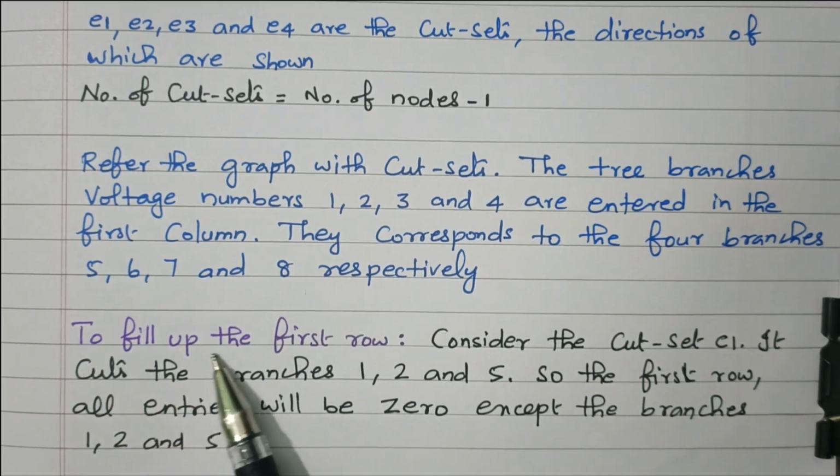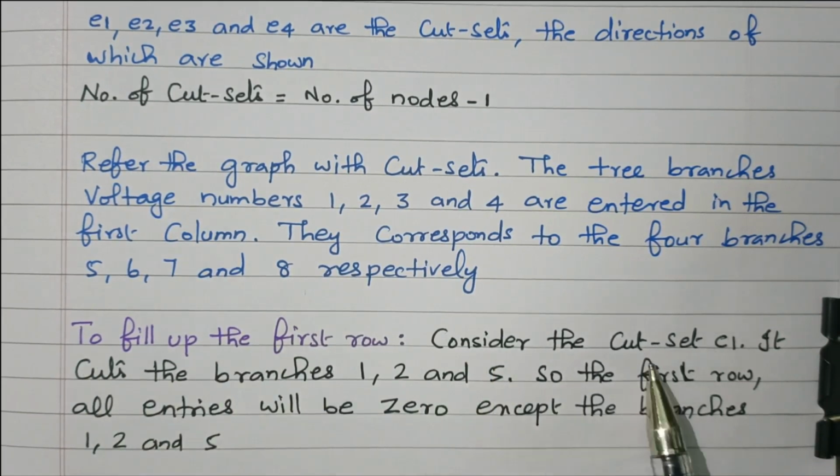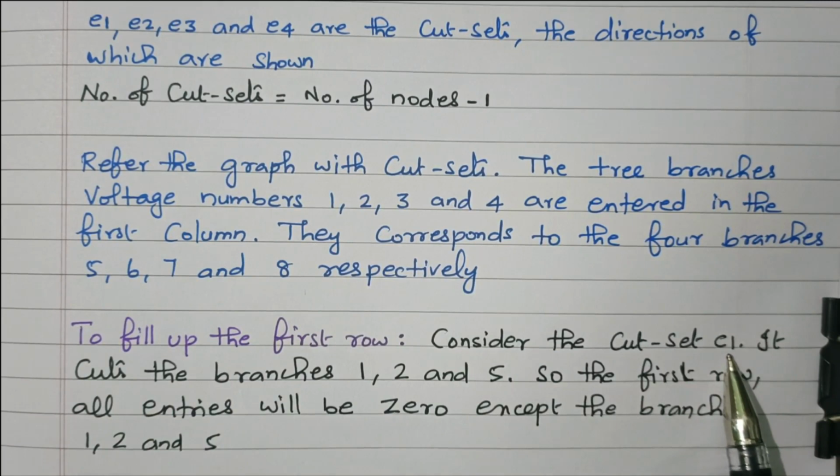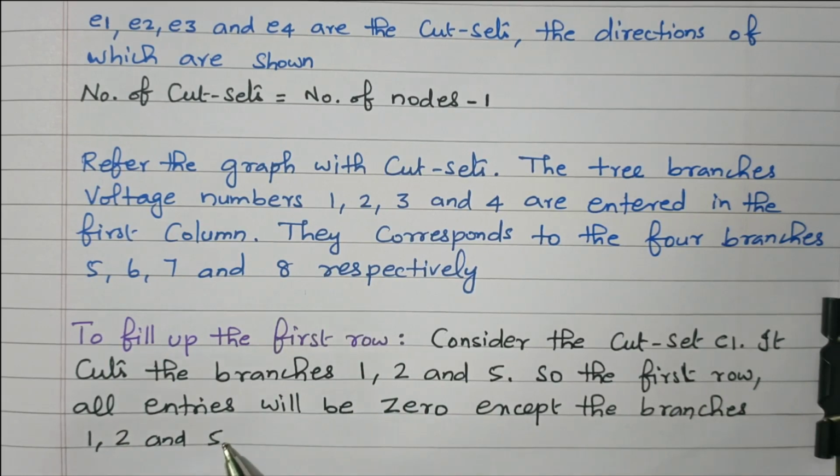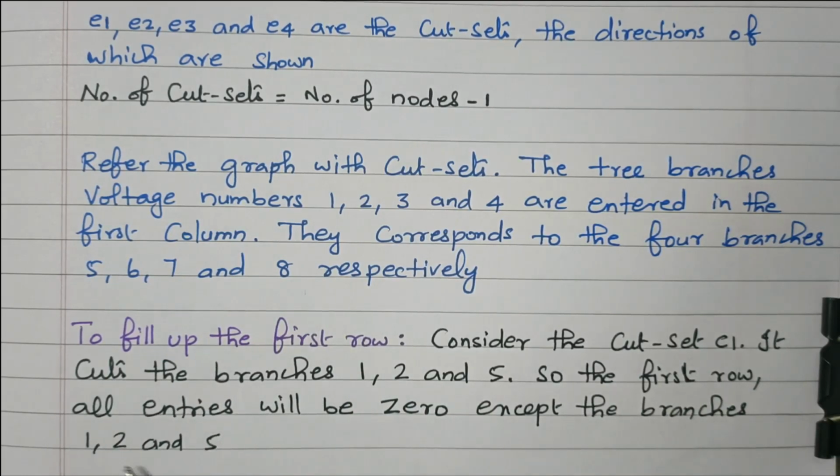To fill up the first row, consider the cut set schedule C1. It cuts the branches 1, 2 and 5. So in the first row all entries will be 0 except for branches 1 to 5. Right? Only 1 to 5 are filled, other things are 0. These entries for 1 to 5 are based on the direction: opposite direction means plus 1, same direction means minus 1.